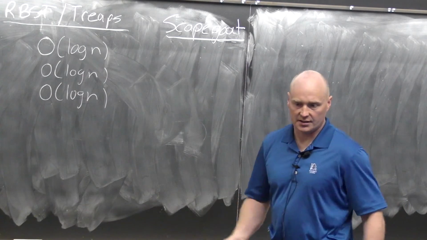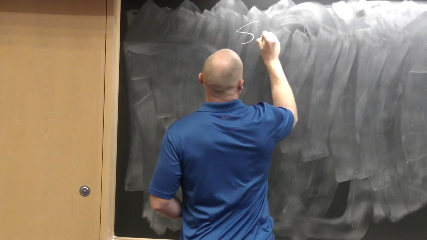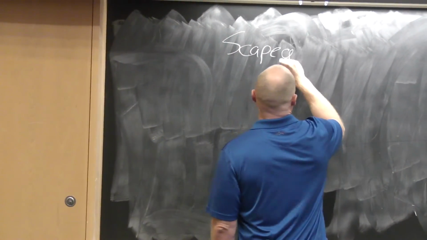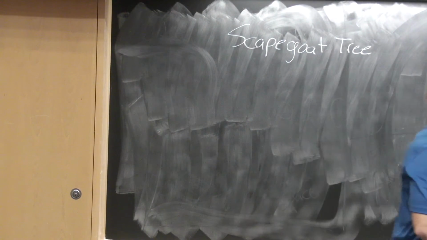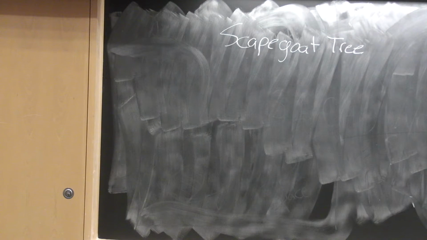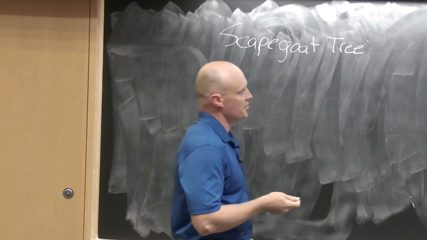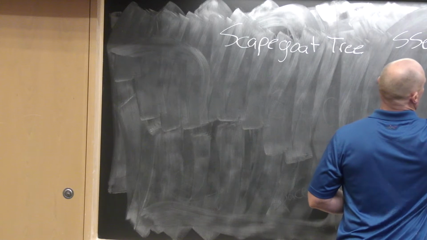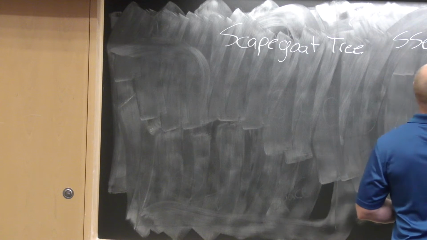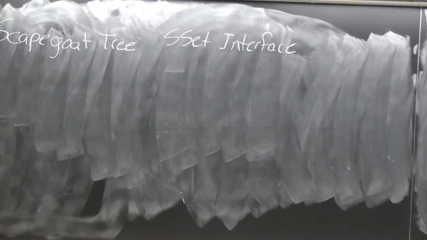All right, so let's define this. It will implement the sorted set interface as well. Ideally, if you were implementing it, you would just want to subclass binary search tree and then modify your methods.